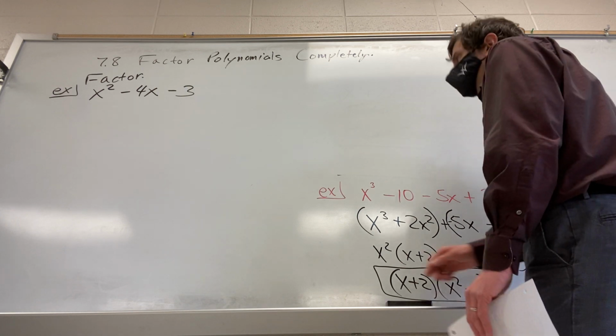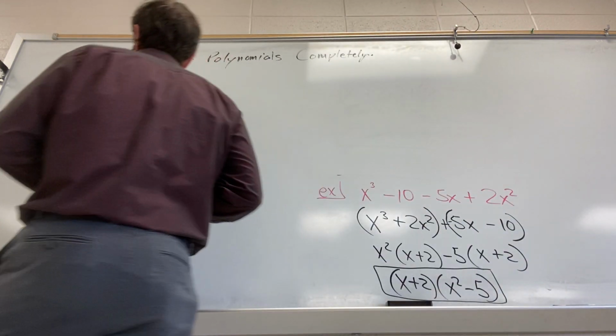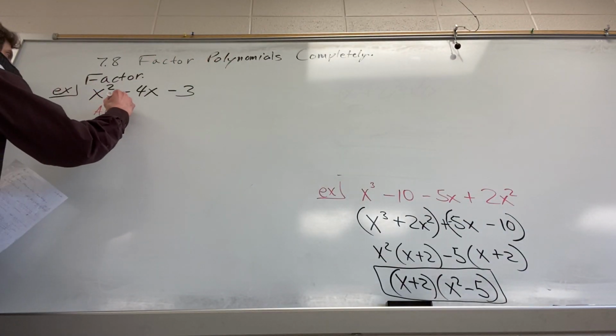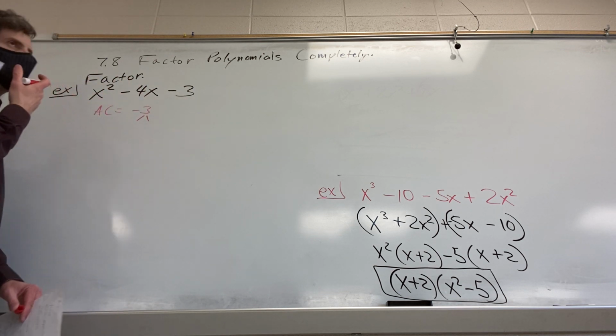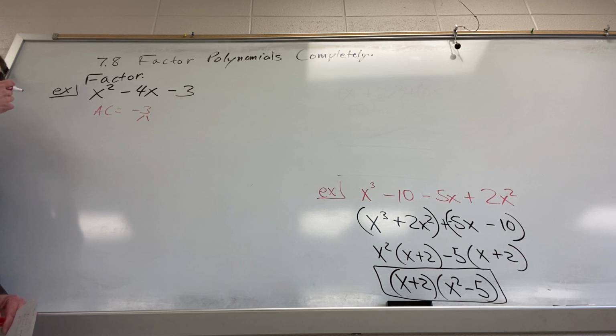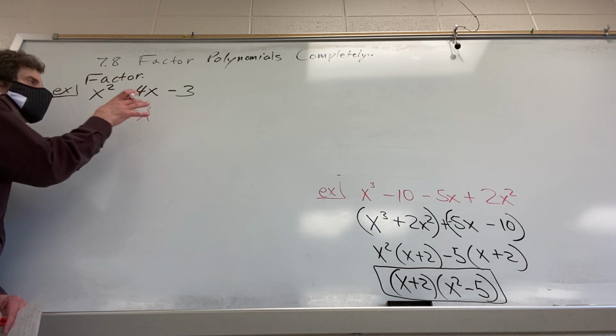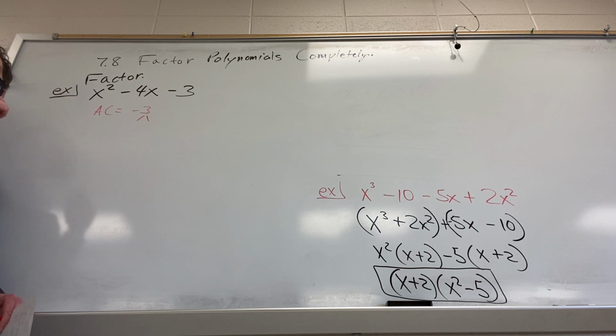So what are we stuck doing? AC. What's our AC? -3. Very good. And then we play what game? What numbers multiply to get AC, but add together to make the middle term, right?